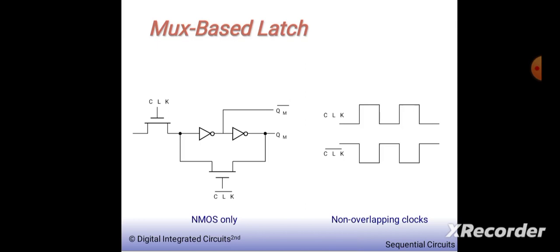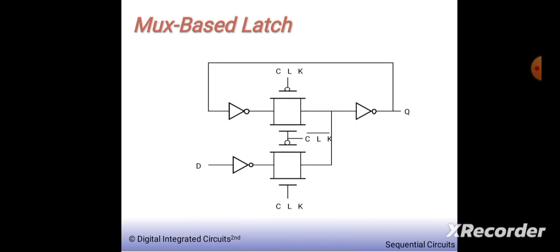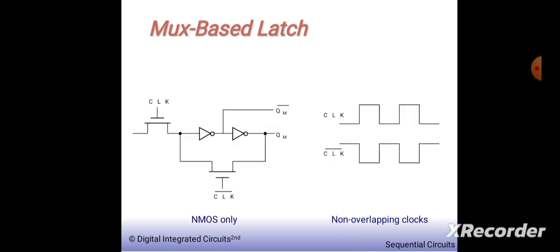When I give the clock as 0, the first transistor will become off, being an NMOS transistor. It will be in the off state, so it will just hold the data that it was processing previously. When we give the clock as 1, it will just transfer the data from the input side to the other state.